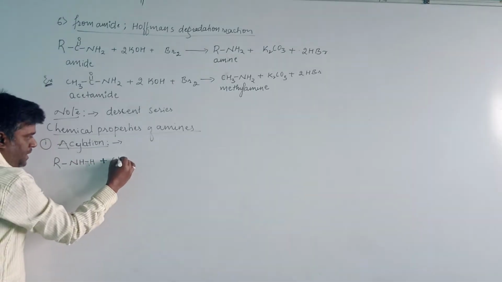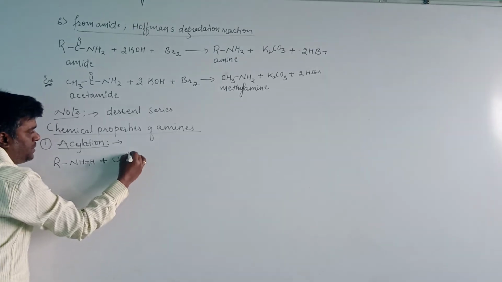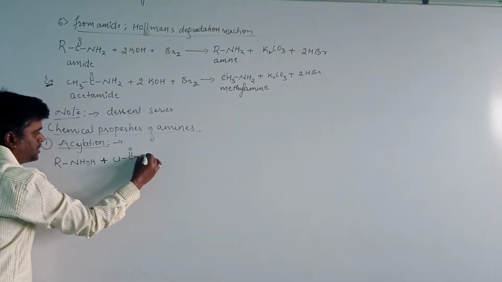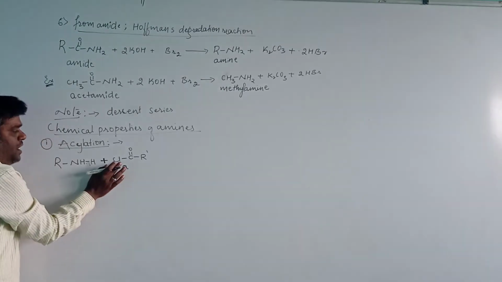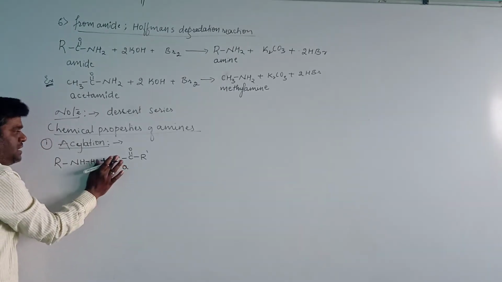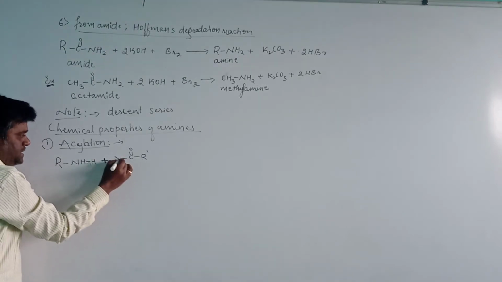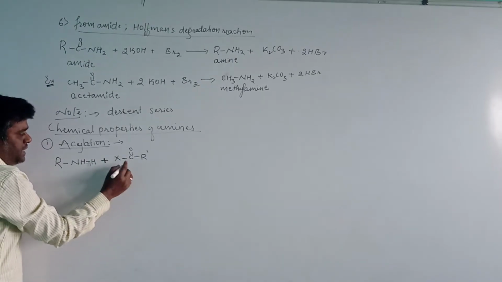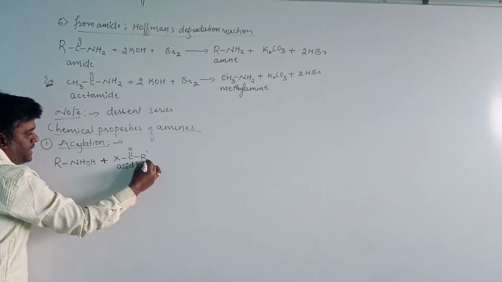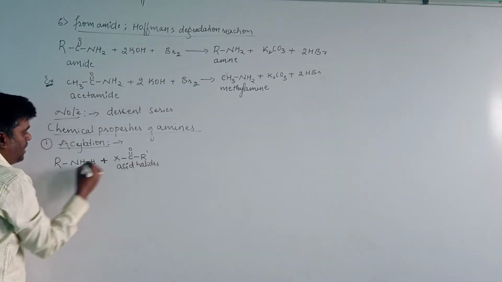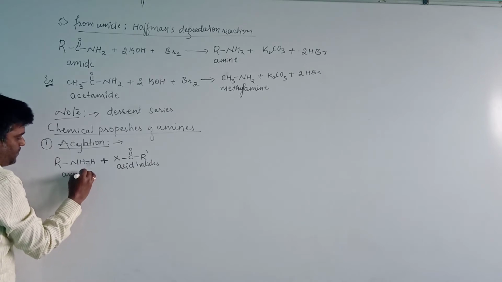First take the general representation, that is C double bond O R dash here. This is known as an acid halide, or generally we will consider X here. These are the acid halides, and these are the amines.